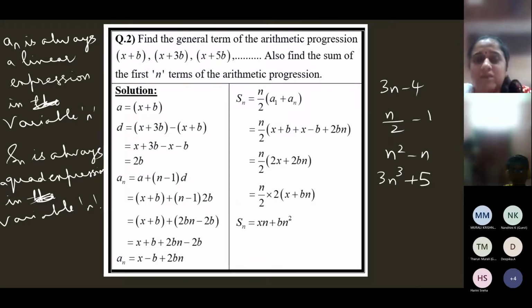Since it's quadratic, the correct option is n square minus n. 3n cubed, no, it's not cubic. n by 2, 3n, no, it's not linear. So the expression that can represent the sum to n terms of an AP is n square minus n. For this reason, you need to know this theory for MCQs.